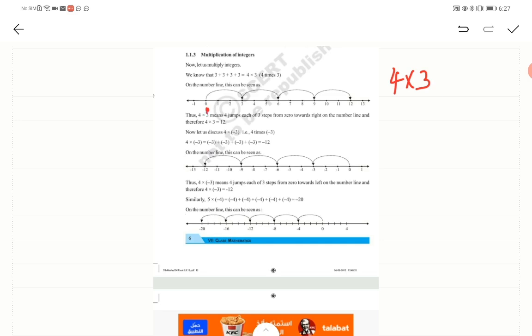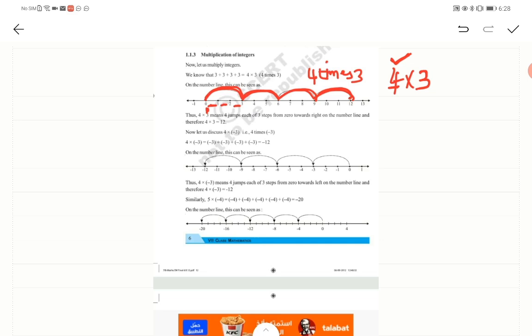We are hopping 4 times, and each hop or each step is of 3. See this, 1, 2 and 3. So we are hopping 4 times, 3 steps each.